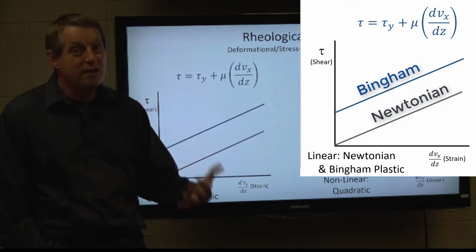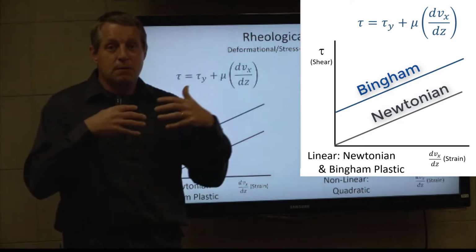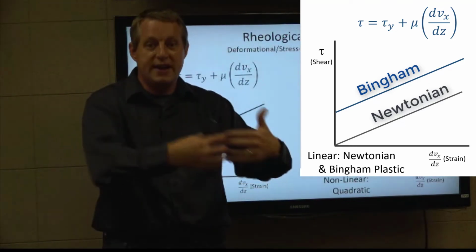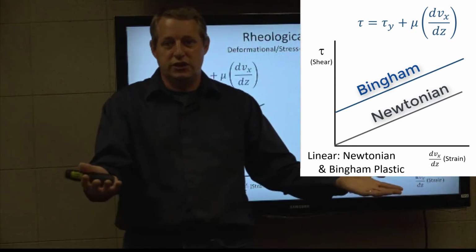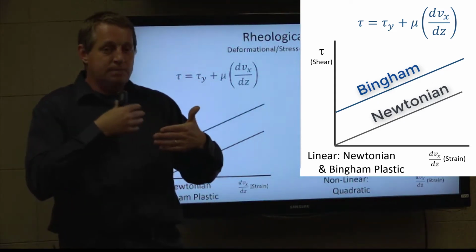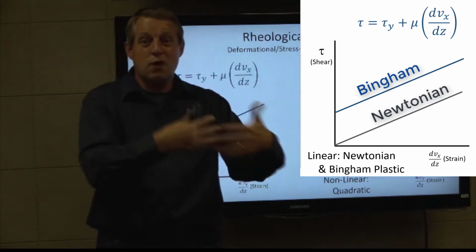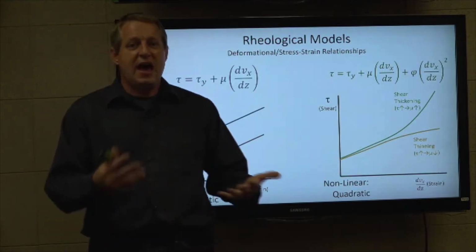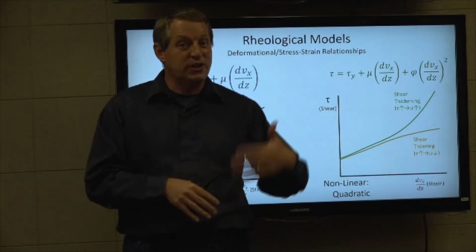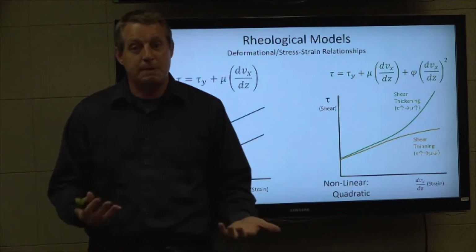And that's really important for these mud and debris flows, because a mud and debris flow will eventually run out. Like water will just flow until it reaches the ocean or some depression, but mud and debris flows will eventually run out on a slope because the internal strength of the material is higher than the stress that's being applied. So it'll just stop, and the model has to be able to account for that.